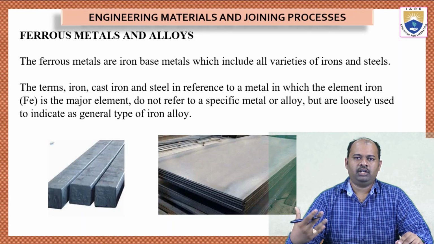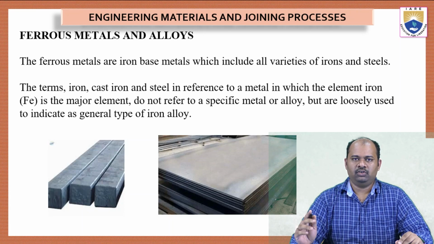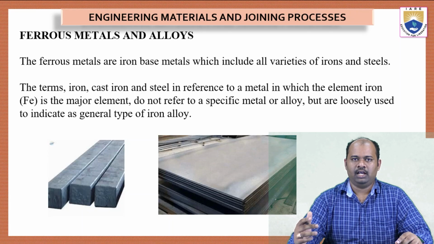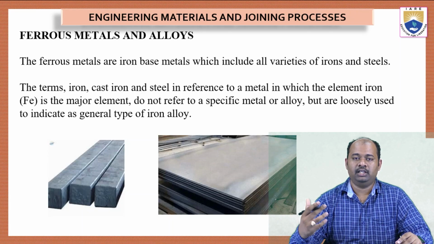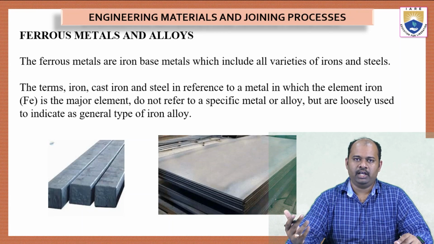The different types of metals include another two types of classification, that is ferrous and non-ferrous metals. Ferrous and non-ferrous metals are the two categories which we have to study separately, because the metals which have iron in them have some important properties and a wide range of applications, as well as the metals which do not have iron in them.